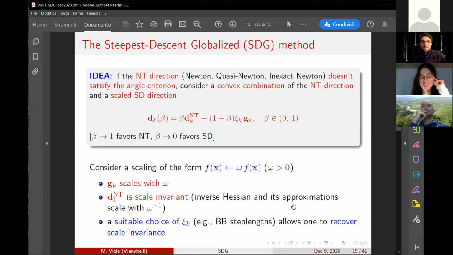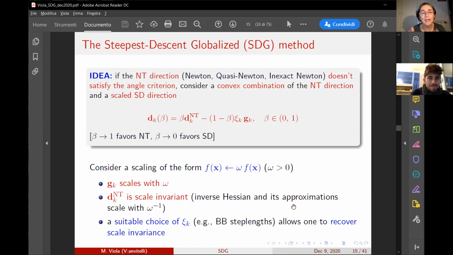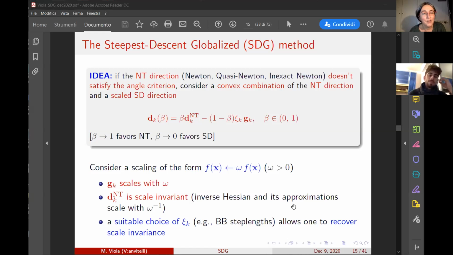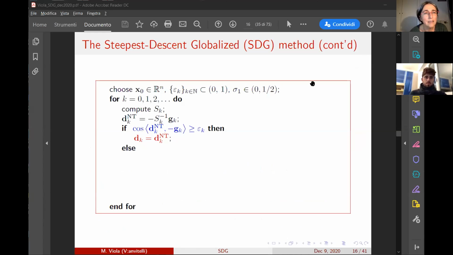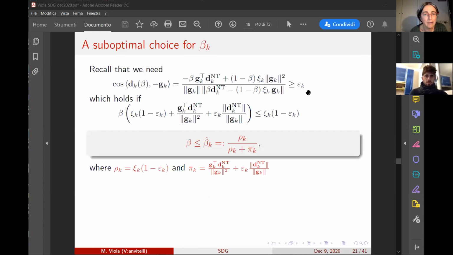Yes. I have a curiosity about one of the last slides, where you compare with the gradient method.